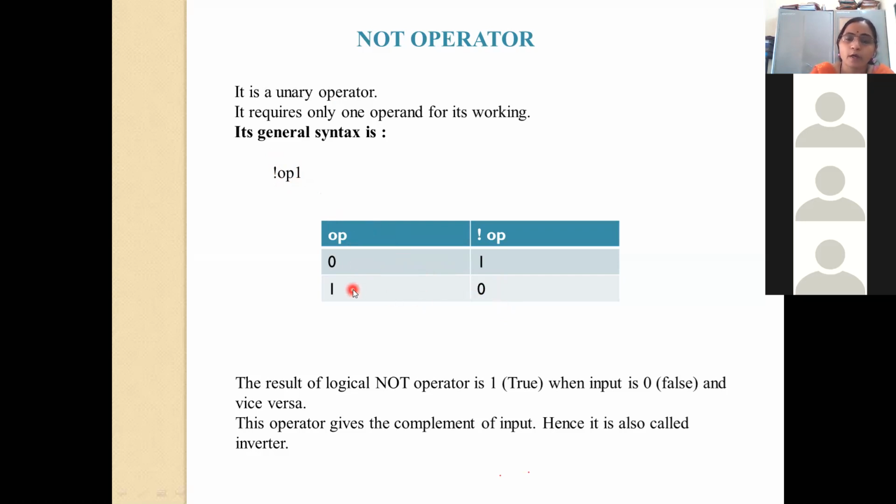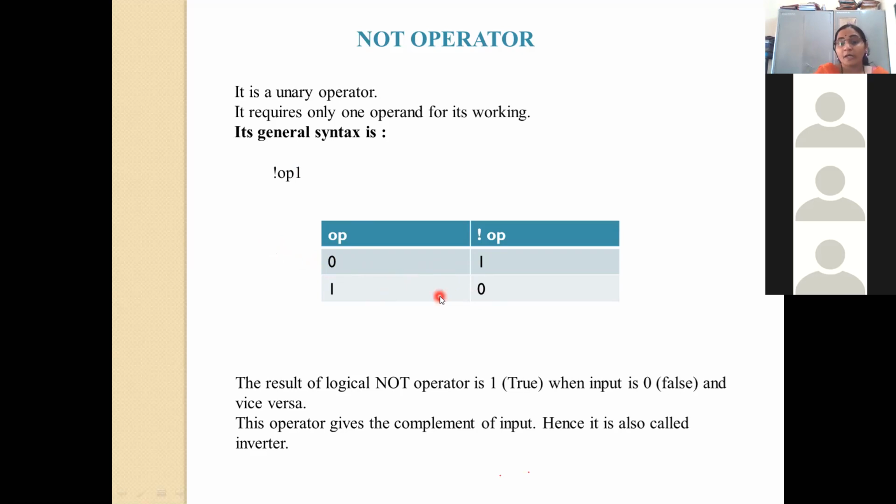If you carefully observe, you will notice that this operator gives the complement of the input. See here, what is the input? The input is 0 and 1 is the complement, meaning it exactly inverts the input. If it is 0, then the output is 1. And if the input is 1, then the output is 0.